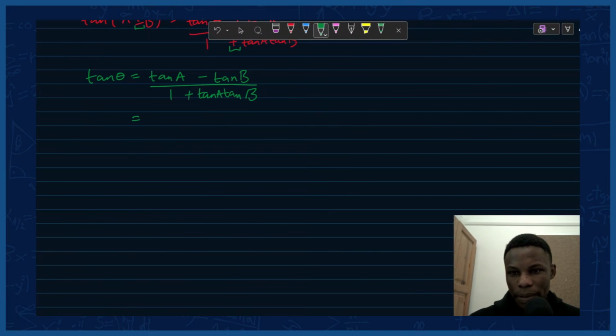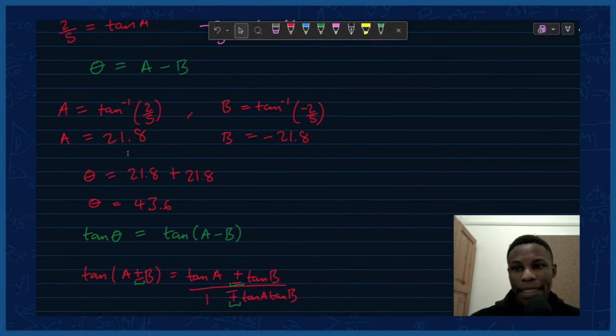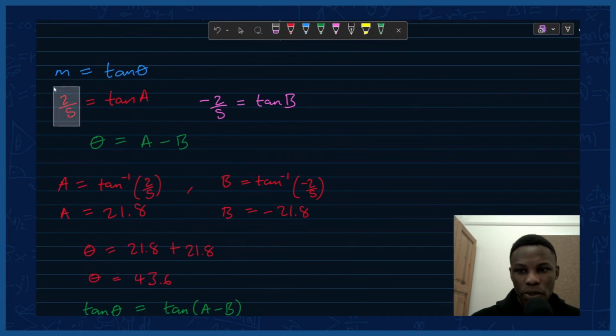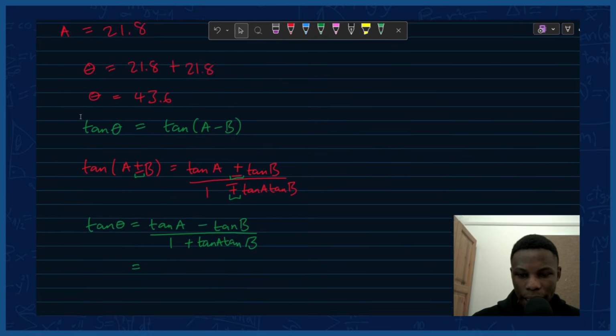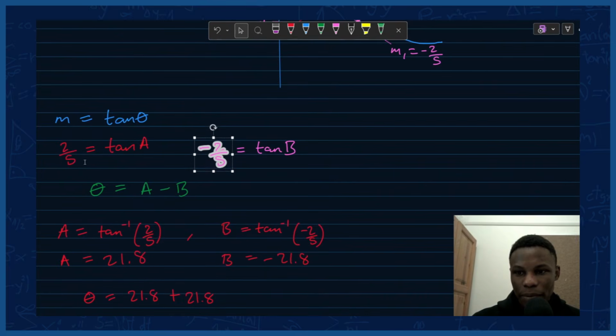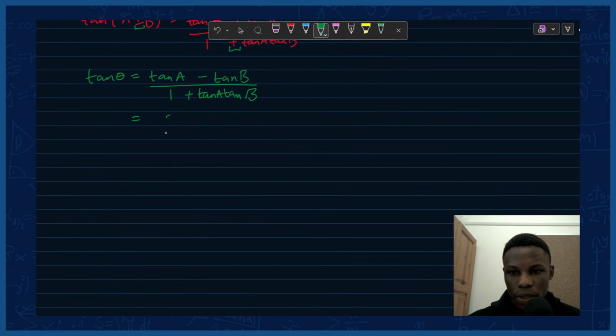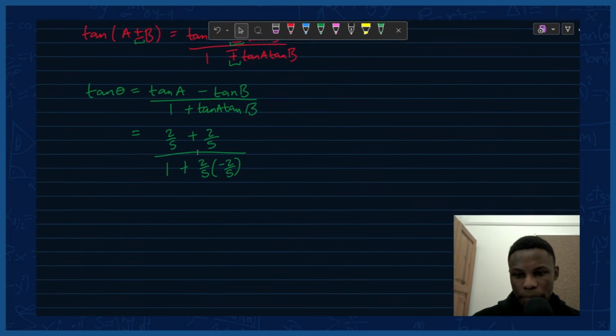So this becomes, we already know what tan A and tan B are. Tan A is 2 over 5 and tan B is minus 2 over 5. So tan A minus tan B becomes 2 over 5 minus minus 2 over 5. So that's 2 over 5 plus 2 over 5 divided by 1 plus tan A, which is 2 over 5, times negative 2 over 5, because that's what tan B was.